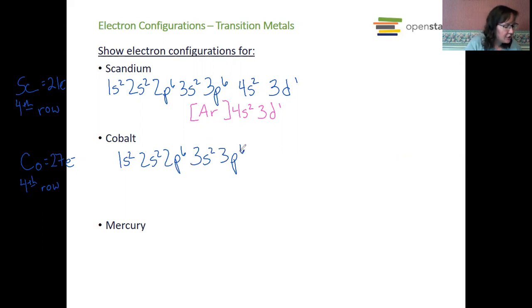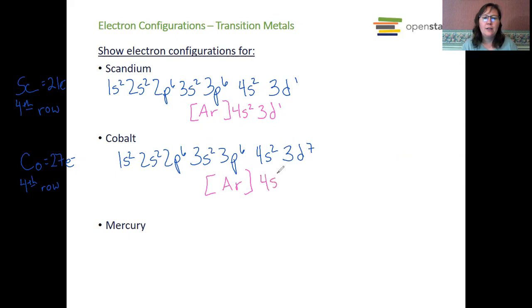All right, now let's pay attention to what we're doing. So now we have 4s2, because we know it's not S block, it's cobalt. And then we count from scandium: 1, 2, 3, 4, 5, 6, 7. 3d7. And just like before, we start with argon and 4s2, 3d7.